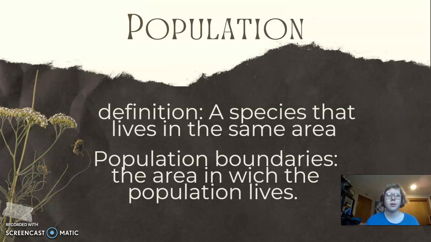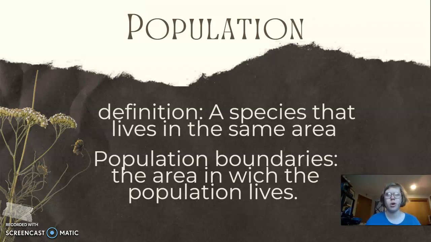And then, that is one area, but then in that, there's different populations. So like the shrubs is one population if it is all the same kind of shrub. But that is in the area, which would be my front yard.